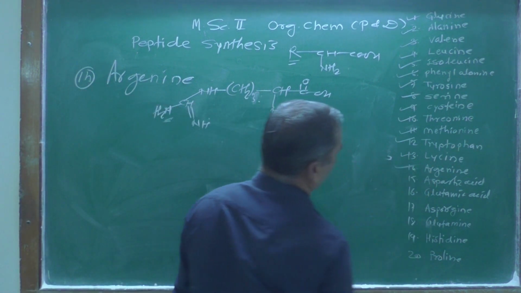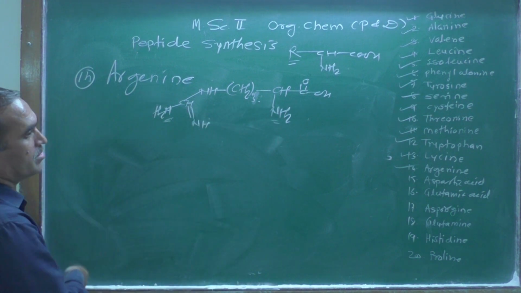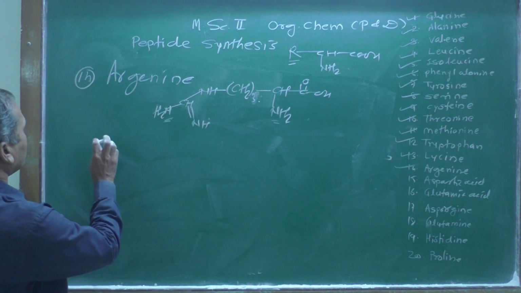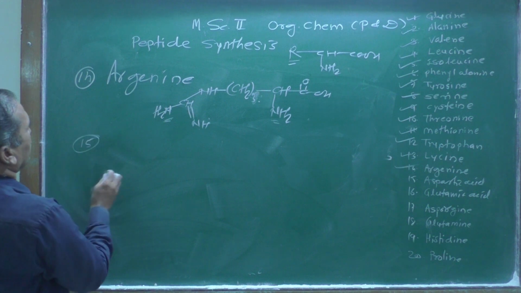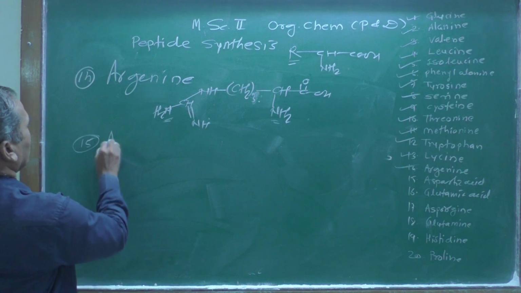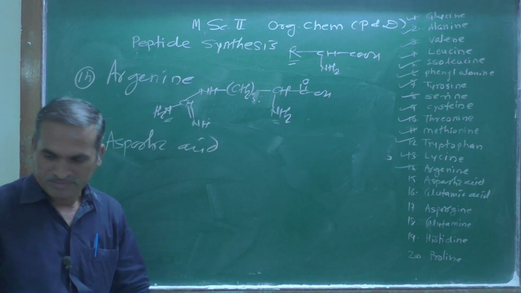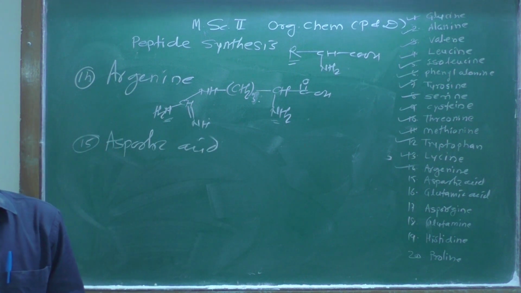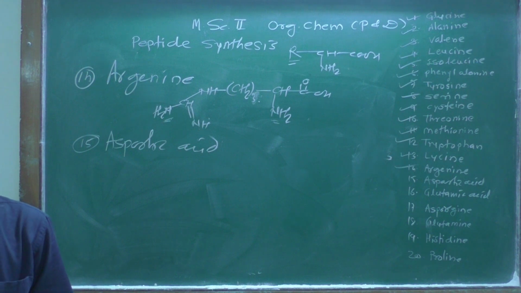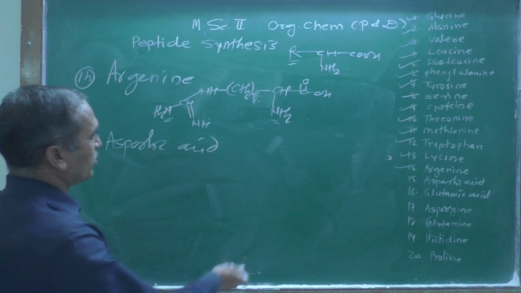Now the next one is aspartic acid. The name itself suggests that it is acidic in nature. Number 15, aspartic acid. The number itself suggests that the structure may have two acids.